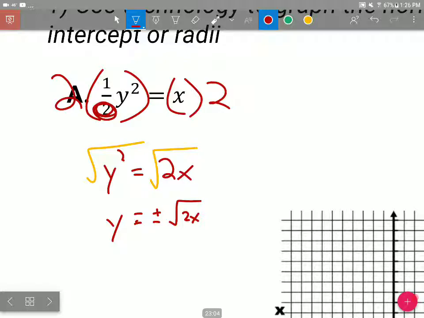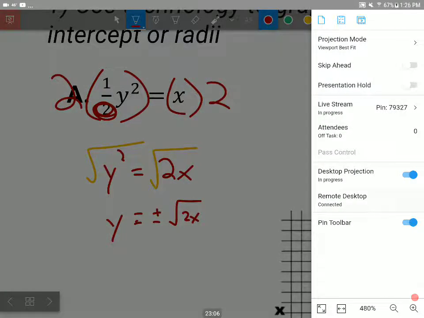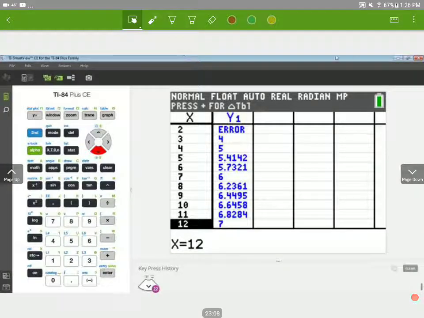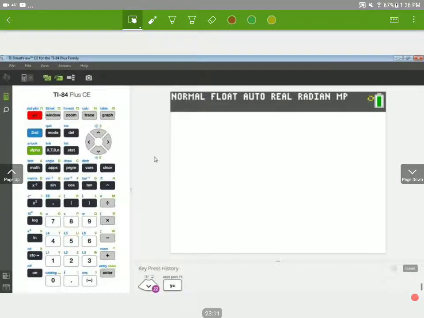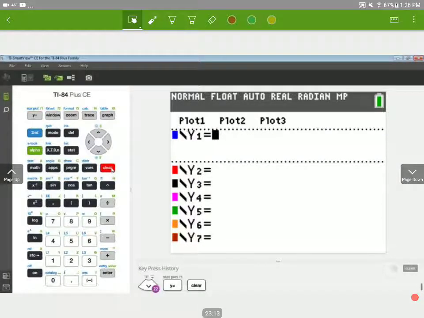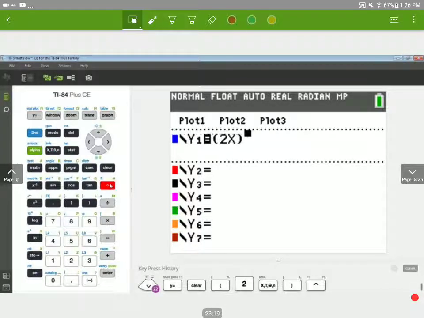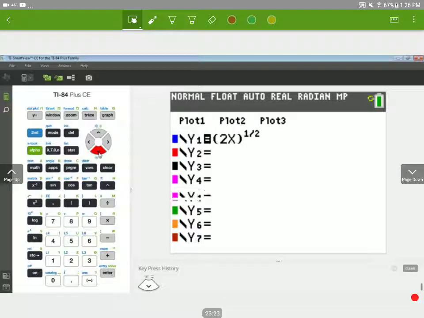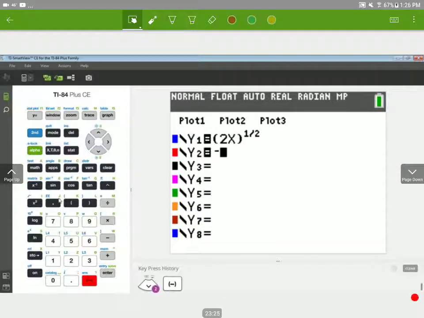So, here we go. Y equals 2x to the 1/2, and we've got negative parentheses 2x.